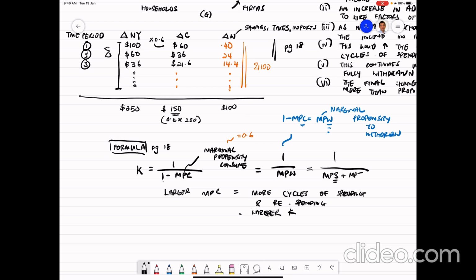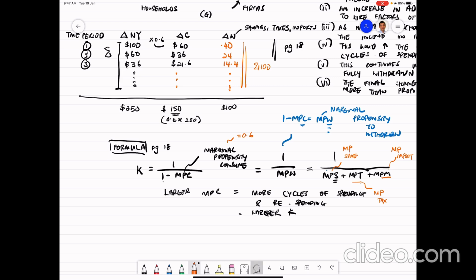You are paying your taxes, marginal propensity to tax, or you are spending it on imports, marginal propensity to import.